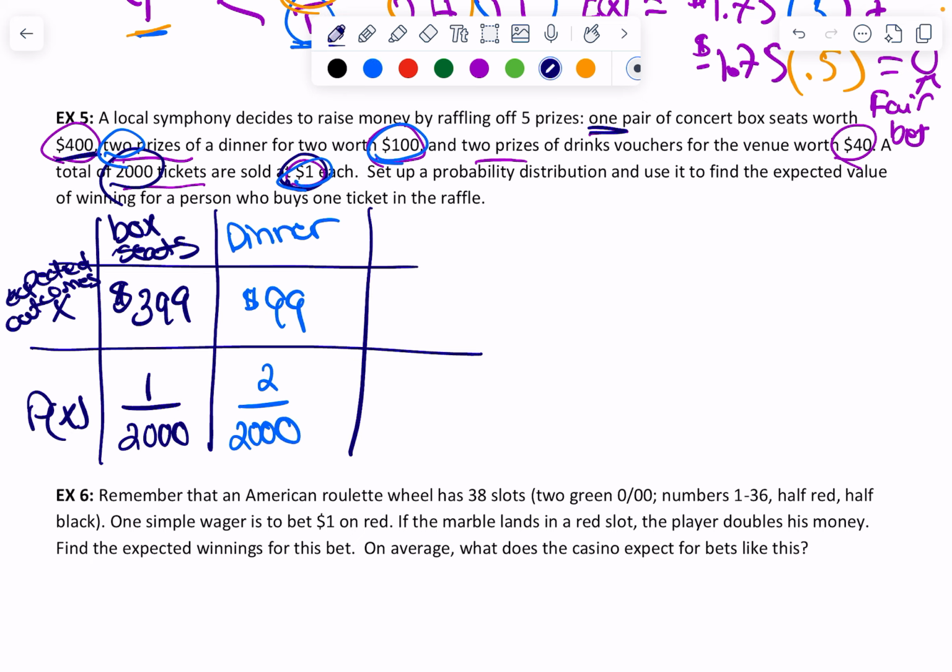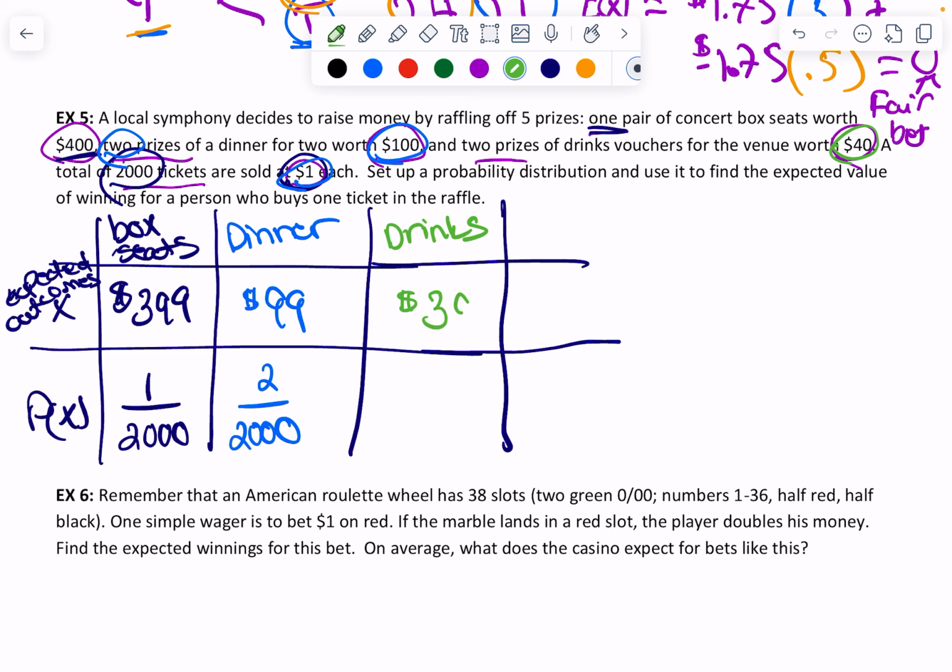Okay, our third one is going to be the drink vouchers. They are worth $40, so 40 minus the $1 that they bought the ticket for, so $39. And there's two of them, so it's going to be 2 over 2,000.